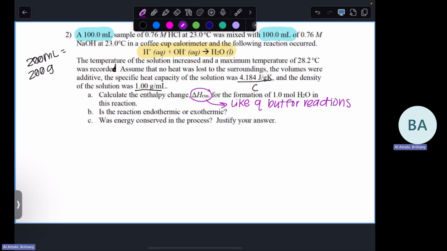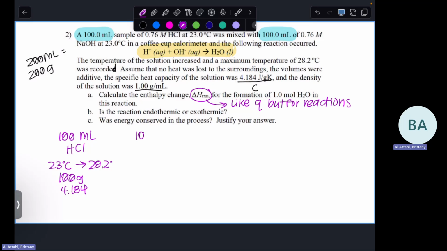And then this is the same thing. So I have 100 milliliters of HCl, which went from 23 degrees to 28.2 degrees. I know that 100 milliliters is 100 grams. I know that the specific heat is 4.184 or 4.18. I don't actually care if you round on that or not.